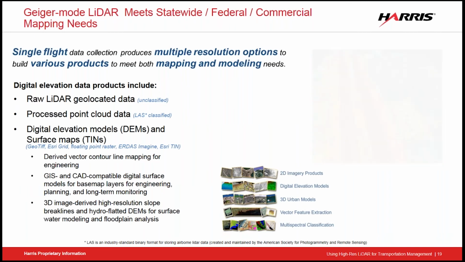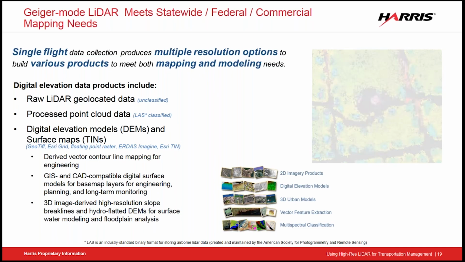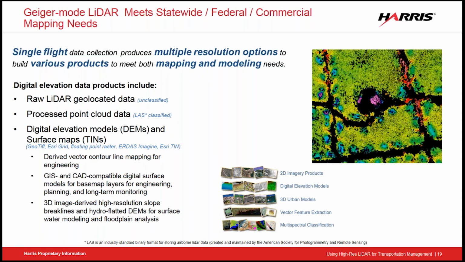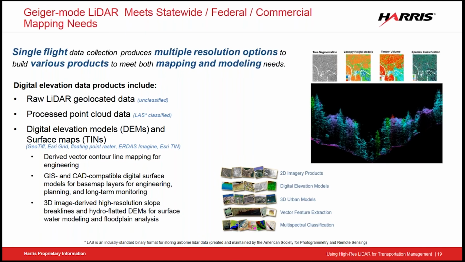In the example I gave earlier around surges, we collected at a higher density and delivered a lower density for the specific products those folks need, but then gave them the opportunity to access the higher density data to do a variety of different things that would require it. And with the work we're doing in transportation as well as utilities, which are very similar, it's about being able to resolve that feature with higher density data.